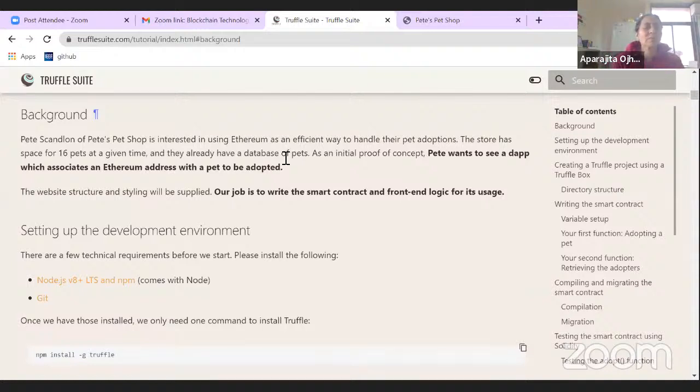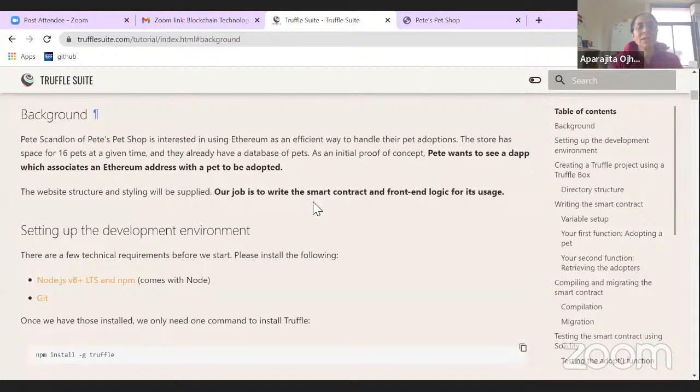A store has space for 16 pets at a given time, and they already have a database of pets. This database of pets can be in a D-storage network, right? As an initial proof of concept, Pete wants to see a DApp which associates an Ethereum address with a pet to be adopted, right?